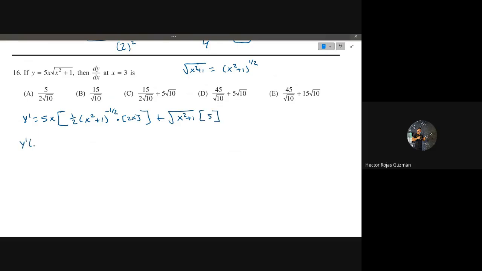Now plug in the 3, and we get 15 times 1/2 times 10 to the power of negative 1/2 times 6 plus the square root of 10 times 5.